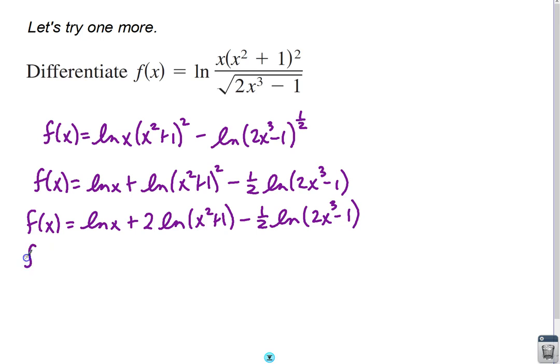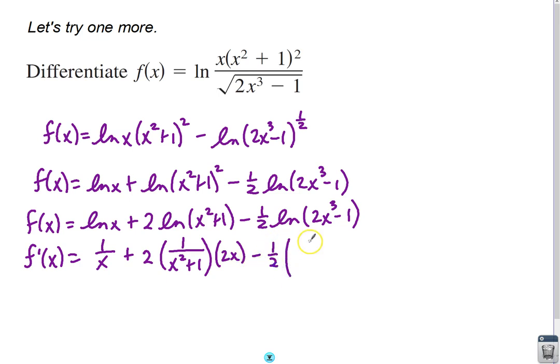So now let's go ahead and take the derivative. The derivative of natural log is 1 over x, plus 2 times 1 over x squared plus 1 times the derivative of the inside, so that's 2x, and then minus 1/2 times 1 over 2x cubed minus 1 times the derivative of the inside, which would be 6x squared.